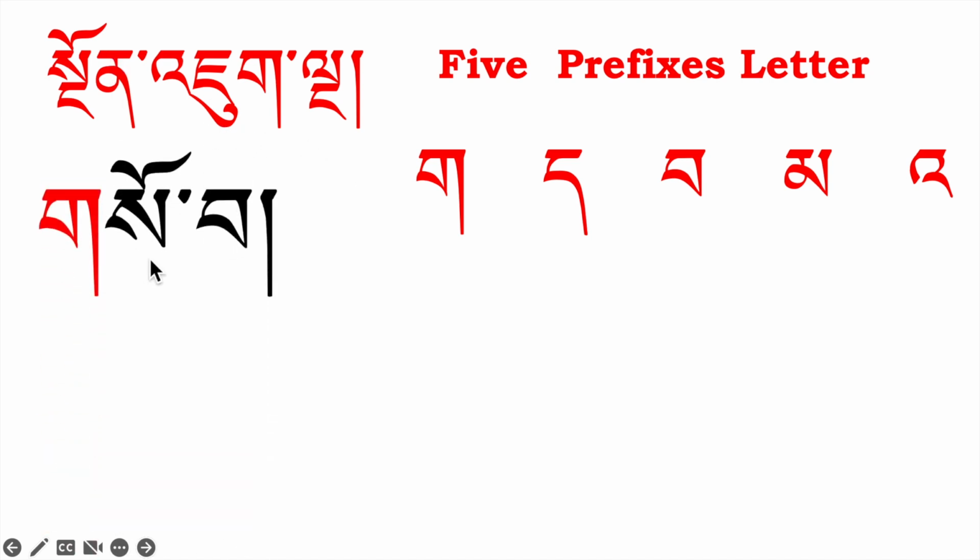The meaning is that whatever letter follows before the main letter or root letter is called ngunjuk. How many letters are there? 5. Ka, ta, pa, ma, a. Only these 5 letters go before the main letter and root letter.